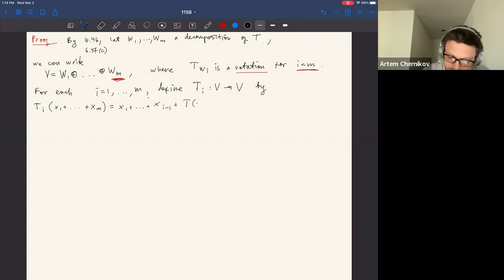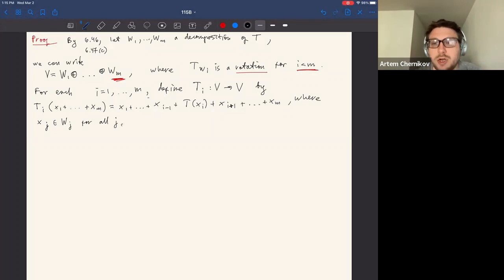Now I'm applying T to the i-th coordinate. And after that, again, I'm not doing anything. So I get x_{i+1}, etc., xm, where we have that xj, better because we're already using the index i, so xj belongs to the subspace Wj for all j. All right. So I'm defining the operator Ti like this.